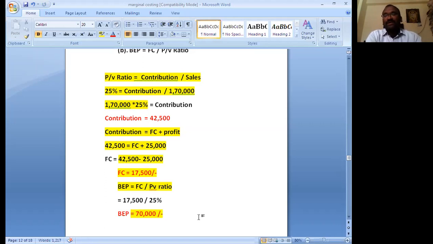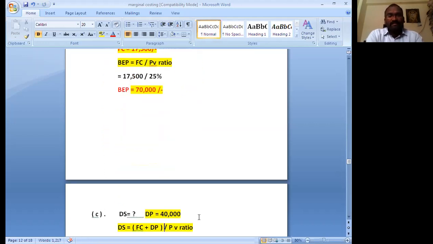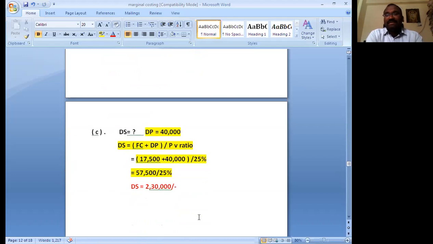That is the purpose of calculating the break-even point, for estimation. Next bit, you calculate the desired sales. Sales required to earn a profit of rupees 40,000 is given. In the problem, the 40,000 profit is given, but sales is not given.